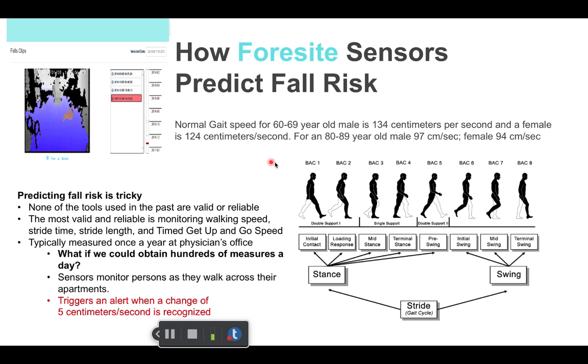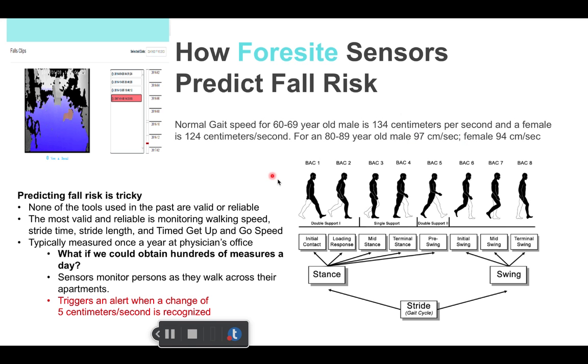Normally when we do fall risk, we do that by doing a walk in a physician's office about once a year. And normally some gait speeds for a 60 to 69-year-old male is 134 centimeters per second. And for a female, 124 centimeters per second.